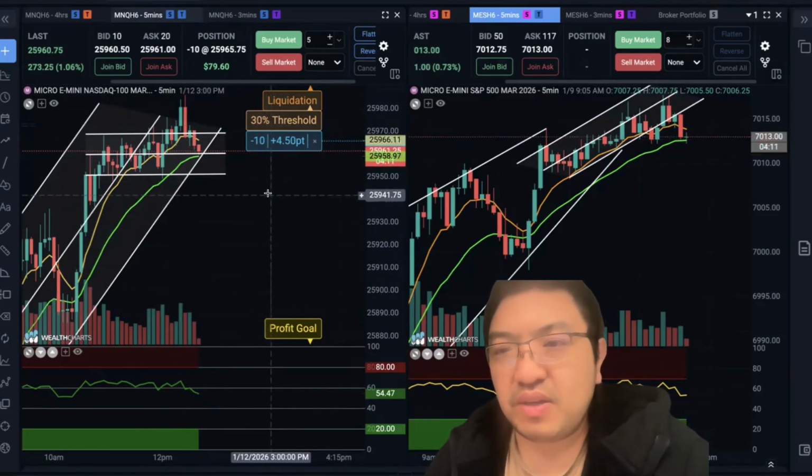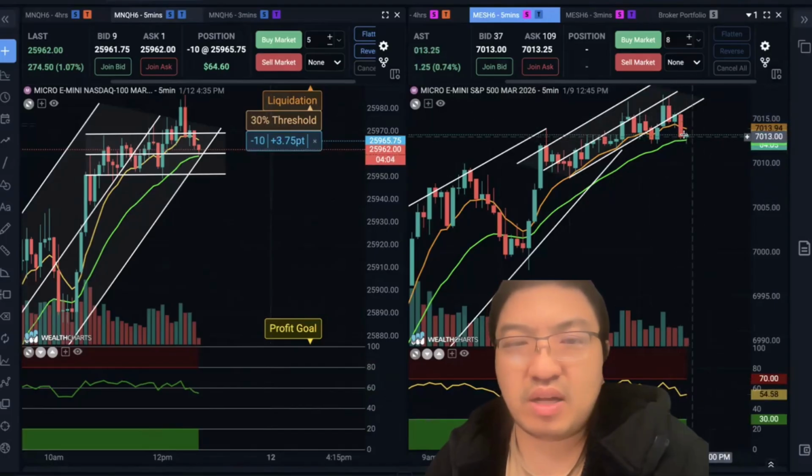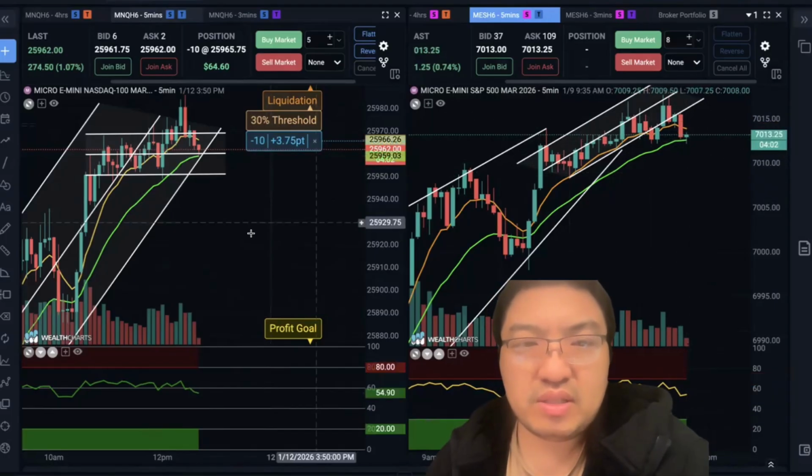Now it seems it gets defended by EMA 21. EMA 21 is strong momentum, but it's possible that it becomes a stop and starts to reverse.